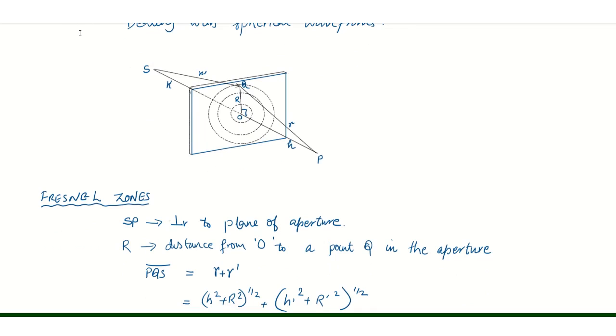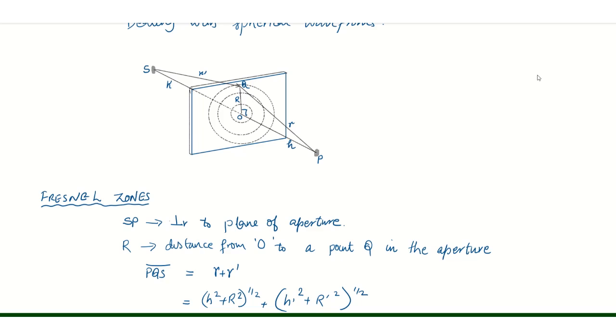In this picture, what we have shown is the source point and the observation point, or a point on the screen. And this SP is the line joining the two.